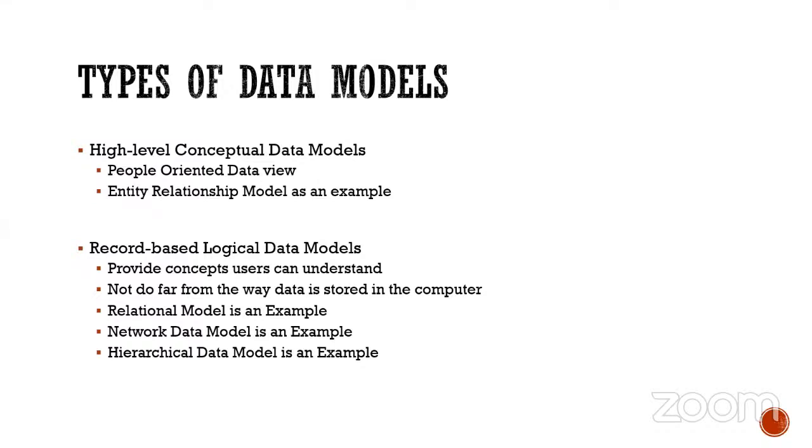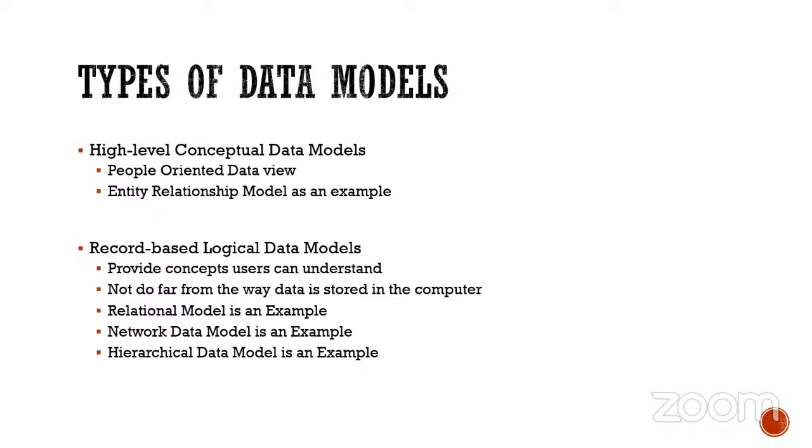People can relate to it better because they know it refers to an object like a human being that has attributes, a human being that has relationships, and a human being that can stand on his own. That's what we mean by a high-level conceptual data model.